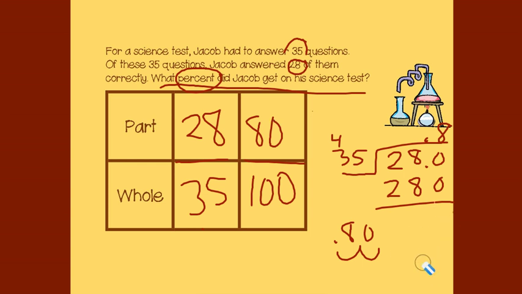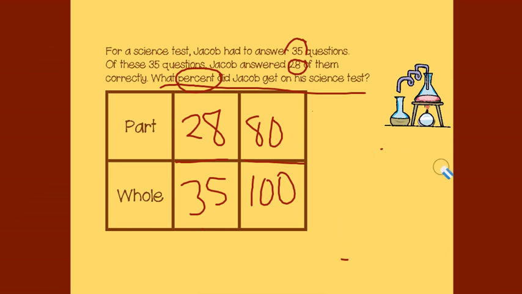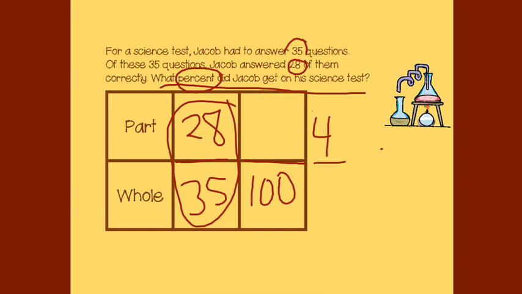Very quickly, I'm going to show you another method that you could have used to find this number. The easiest method to me would be to simplify this fraction. I know that 28 divided by 7 is 4, and 35 divided by 7 is 5.